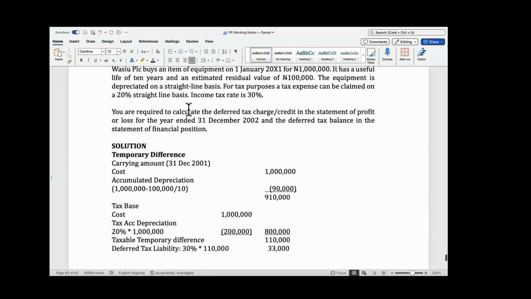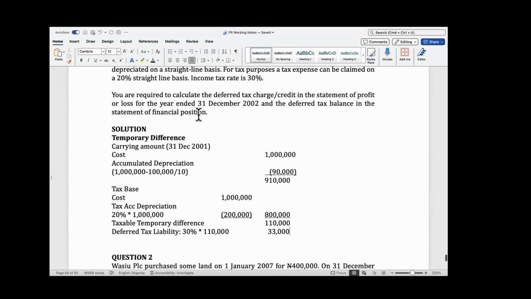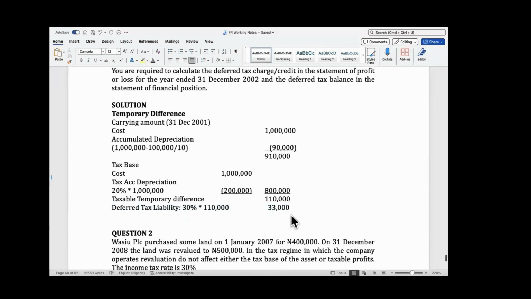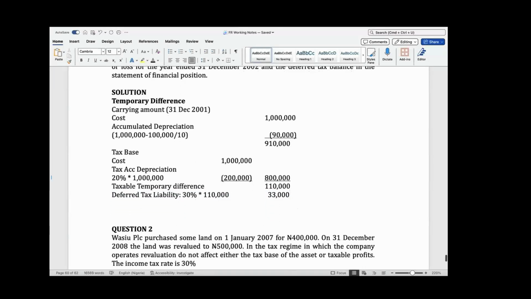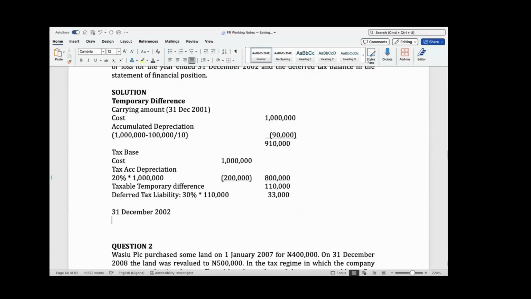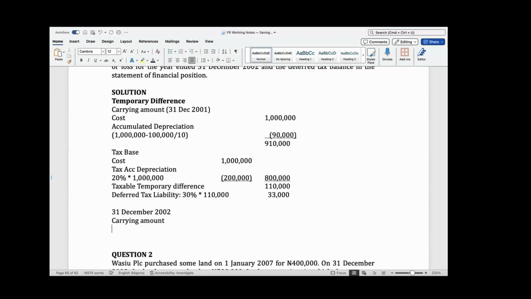And as far as this question is concerned, this can represent my opening deferred tax because this will be carried forward to 2002. So at the end of 2002 again, I will compute my temporary difference by comparing my carrying amount now with my tax base.